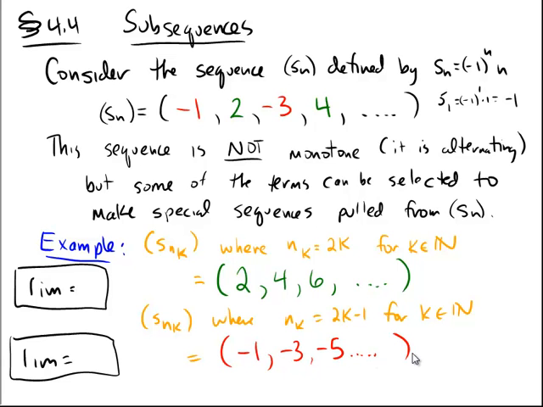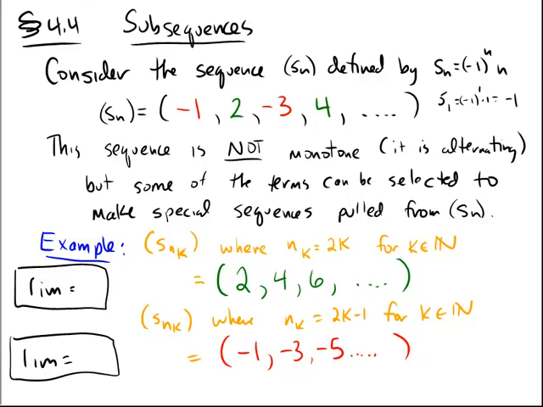So notice that in both of these cases we were able to take this original non-monotonic sequence and take a few of the terms, or very specific terms, and create monotone sequences out of that original big sequence.